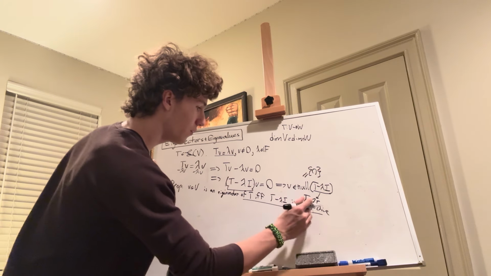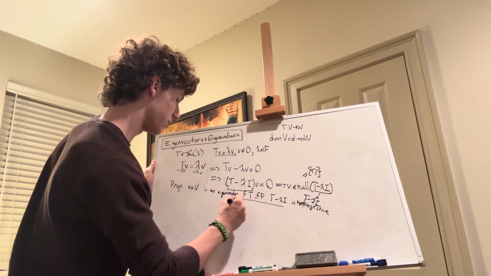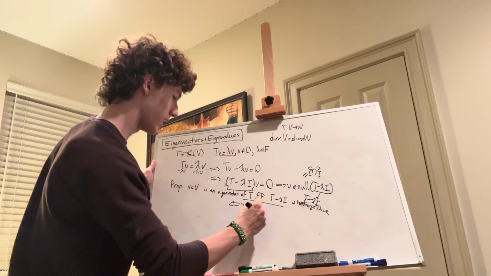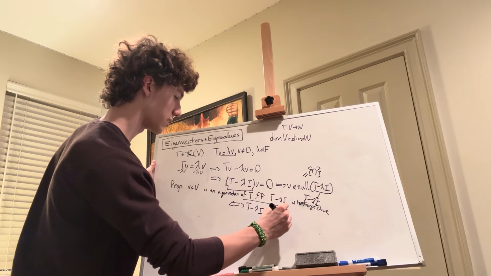And so this is equivalent then to saying, if and only if, T minus lambda I is not surjective.